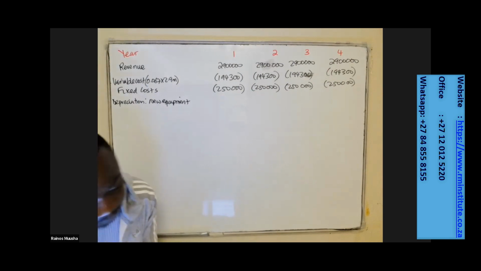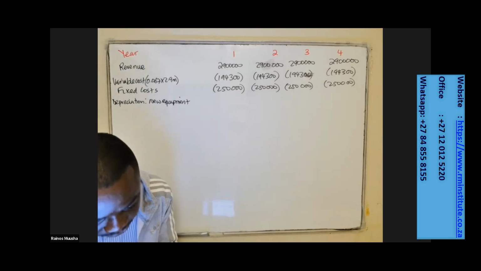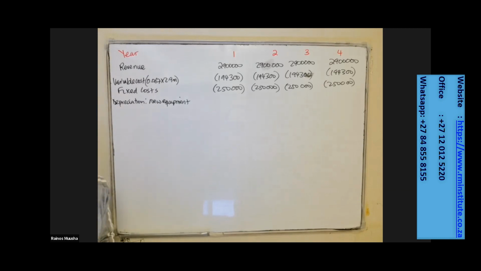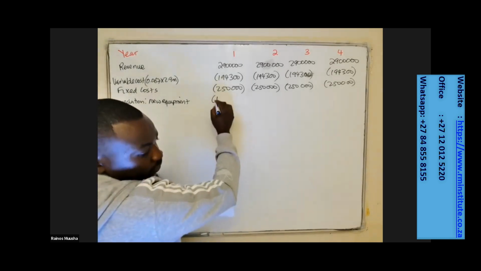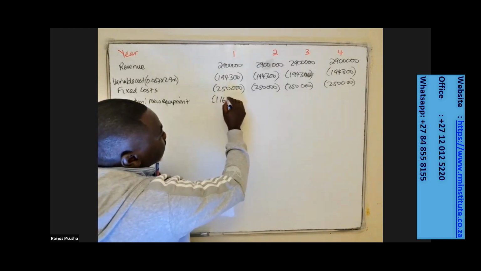And what are we told? For the depreciation of the new equipment, we are told that the new equipment is going to cost us 3 million and it's going to be depreciated over 4 years. In the first year, the depreciation is going to be 40%, so 40% of the 3 million would give you a depreciation amount of 1,160,000.